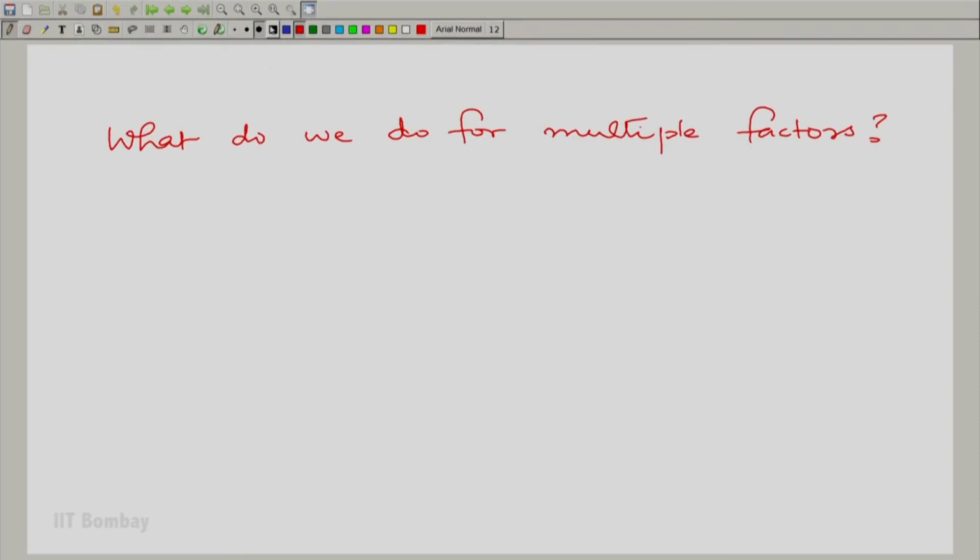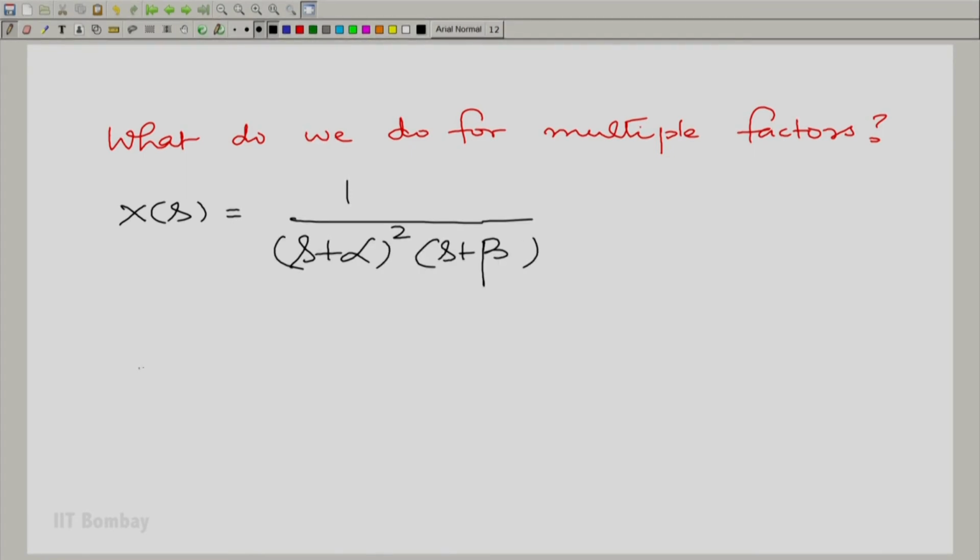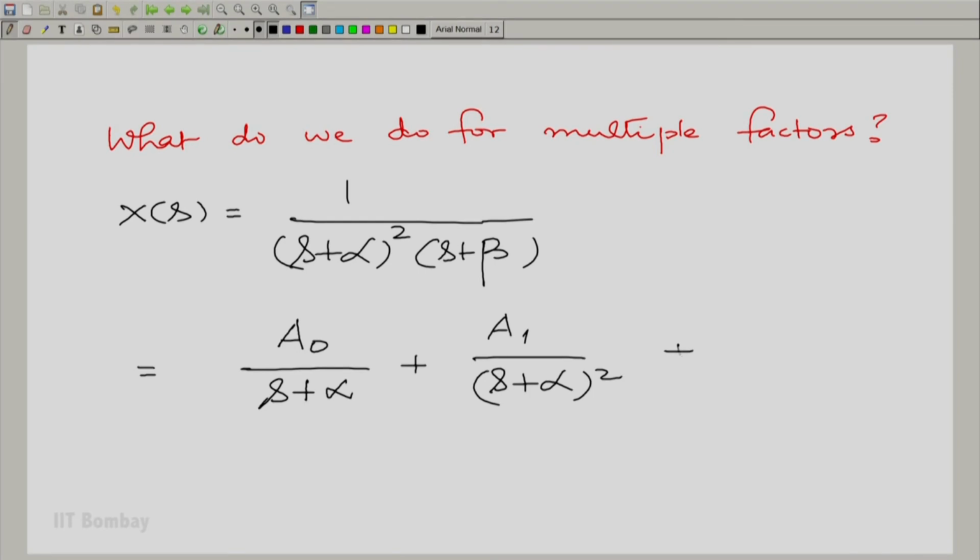Now, for example, you could have something like X(s) is 1 by s plus alpha squared into s plus beta, in which case there are different ways to decompose into partial fractions, but the type that we wish to use is of the form a0 by s plus alpha plus a1 by s plus alpha the whole squared plus b divided by s plus beta.